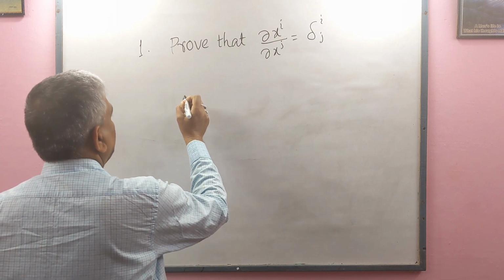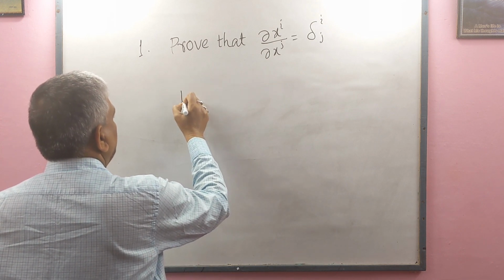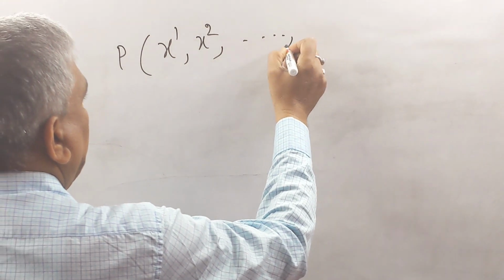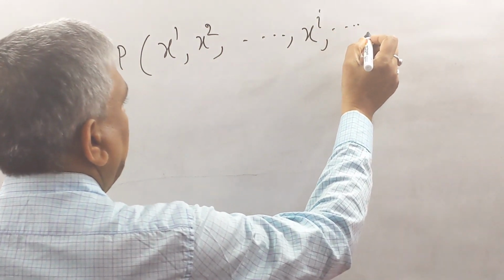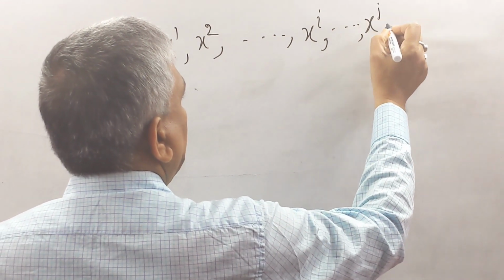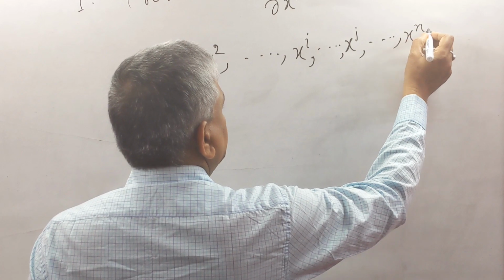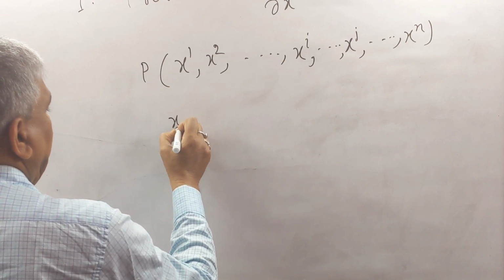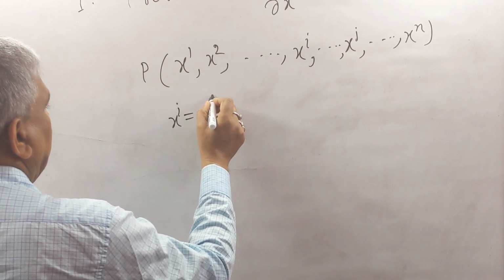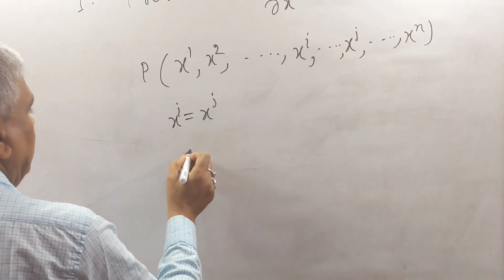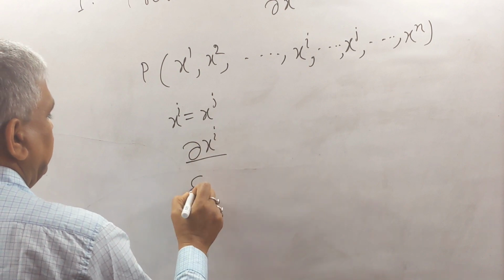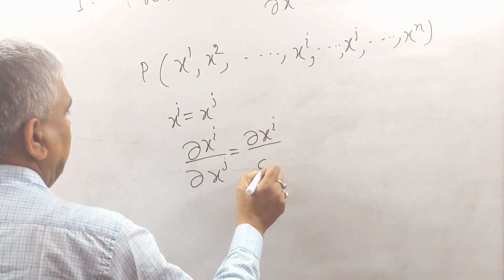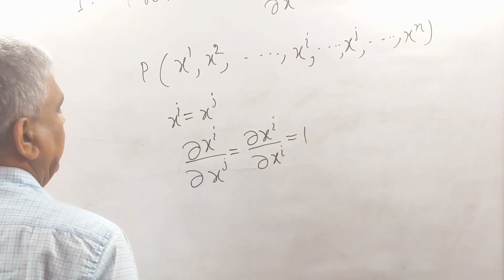Since the coordinates of a point P are denoted by x1, x2, ..., xi, ..., xj, ..., xn, if xi equals xj, then del xi by del xj equals del xi by del xi equals 1.